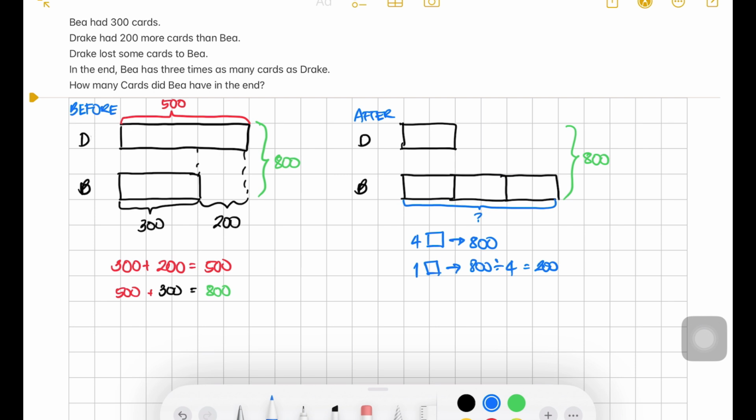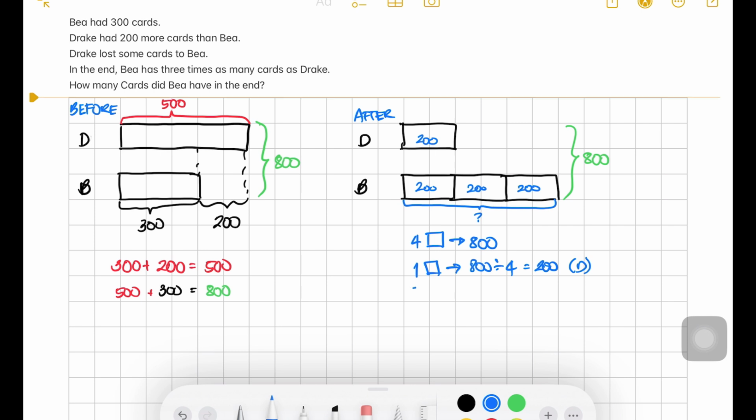Okay, are we done already? Not yet, because what we found out, the 1 unit is Drake's cards. So that's 200. So each of these blocks or bars is 200.